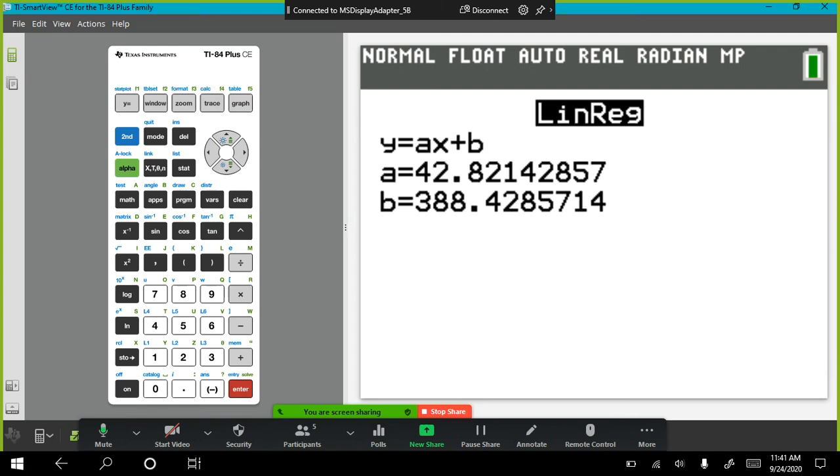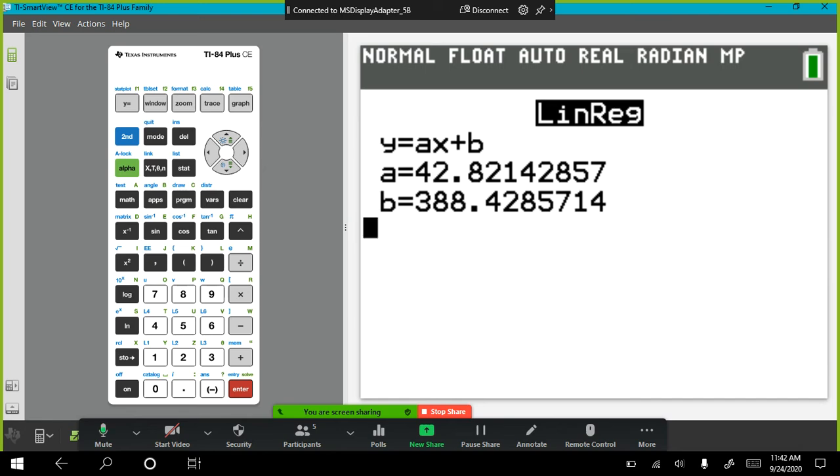And if you notice right there, here's where we get our answer. It says y equals ax plus b. Then it tells us the value of a, which we're going to take to the tenth, is 42.8. And the value of b is 388.4. The a value is basically our slope, and the b value is basically our y-intercept.